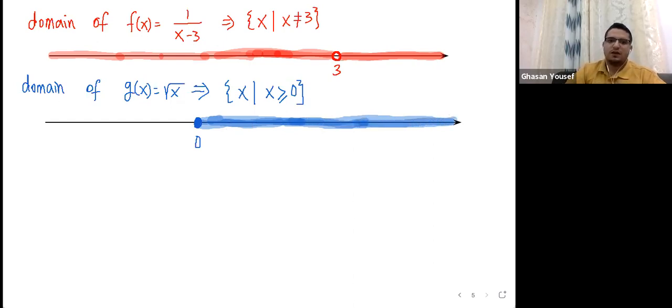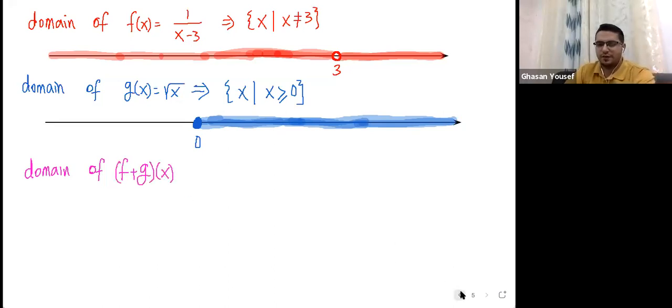Now I'm going to look for the domain of the sum of both functions. So my goal is to find the domain of the function f plus g of x.